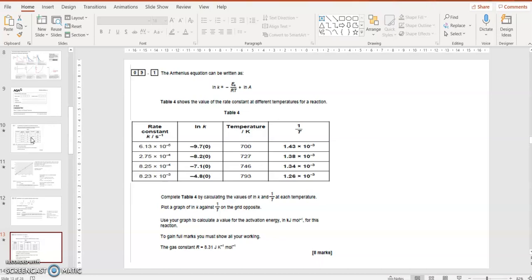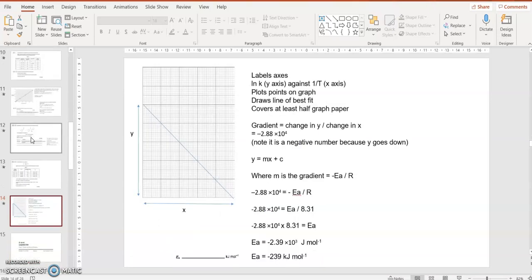Arrhenius equation. Right, this time they're asking you to plot a graph. So you just do what they ask you to do. They ask you to plot a graph, and it will look like that. They then ask you to work out a gradient. And when you've got the gradient, you can do something with that gradient.